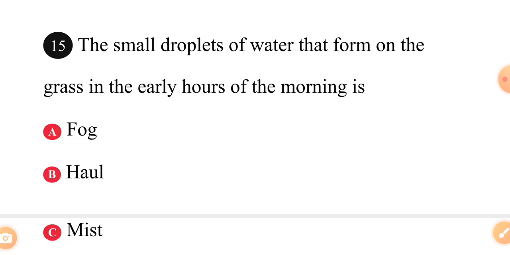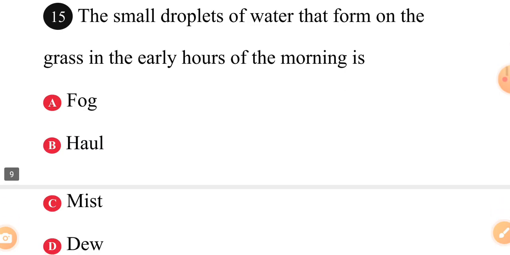A, fog. B, hail. C, mist. D, dew. Is it fog? Is it hail? Is it mist? Is it dew?